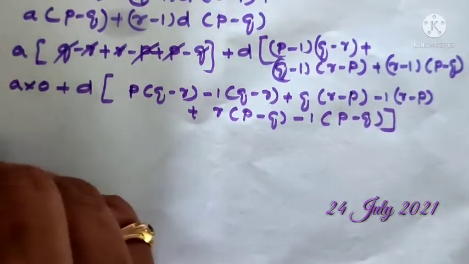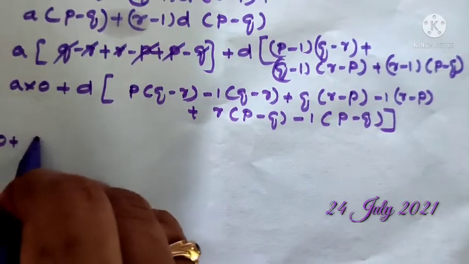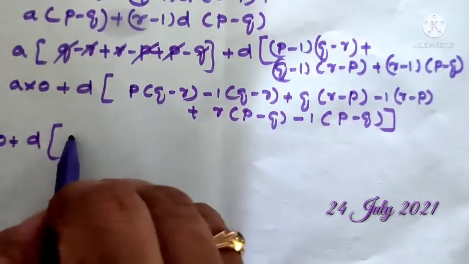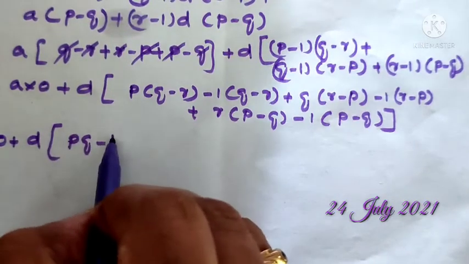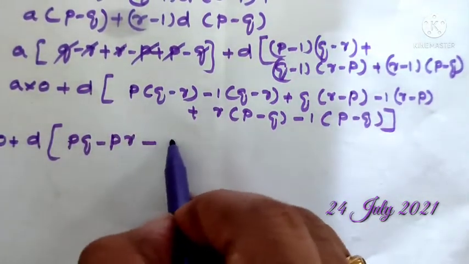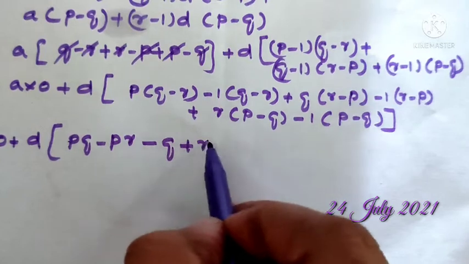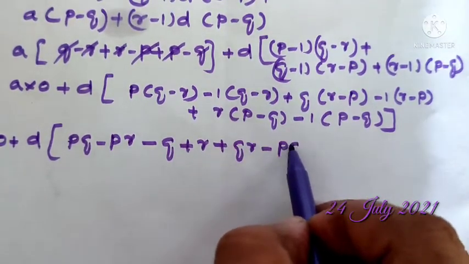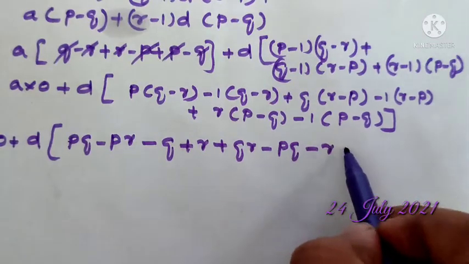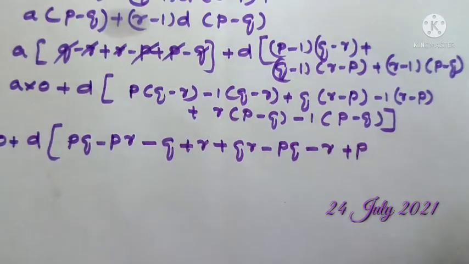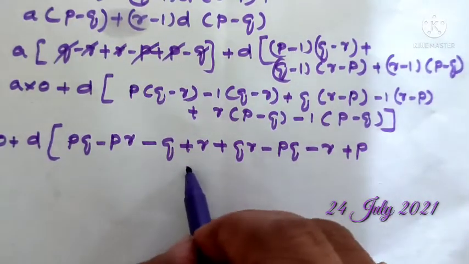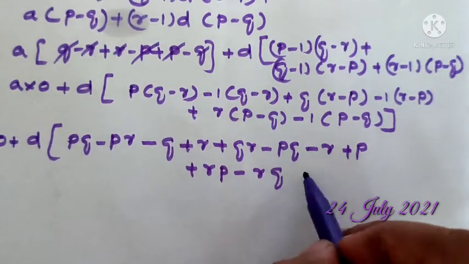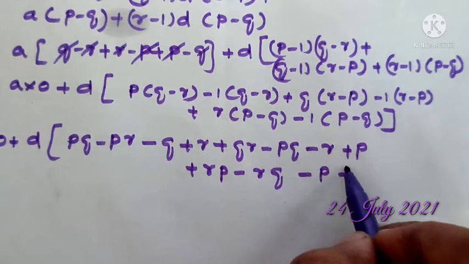So A into 0, 0, then D. Now we are expanding the brackets: pq minus pr minus q plus r plus qr minus pq minus r plus p plus rp minus rq minus p plus q.